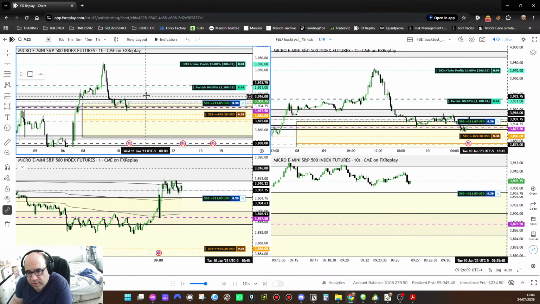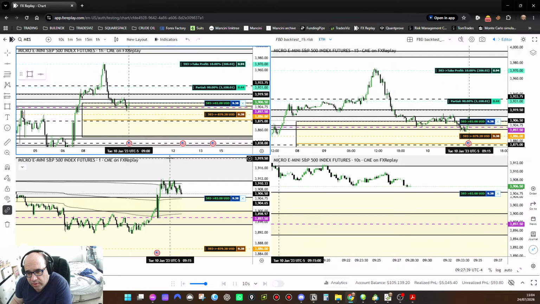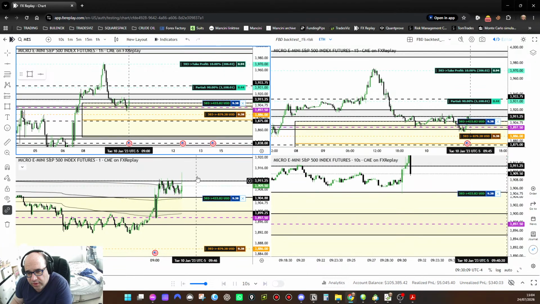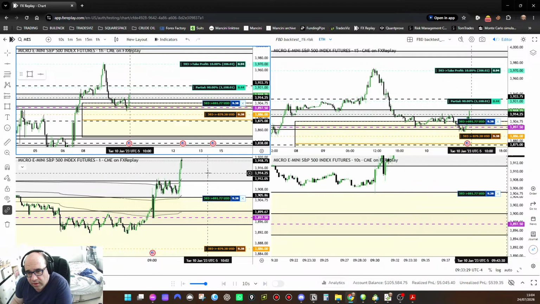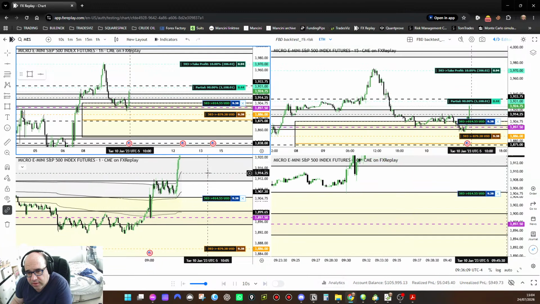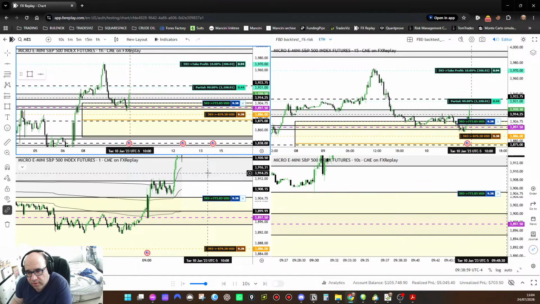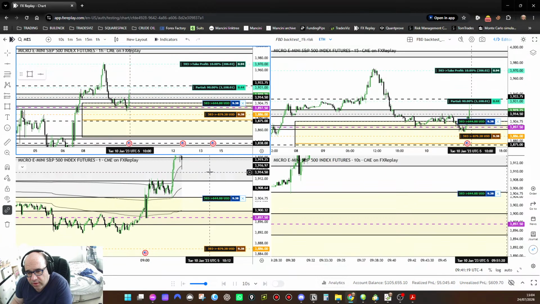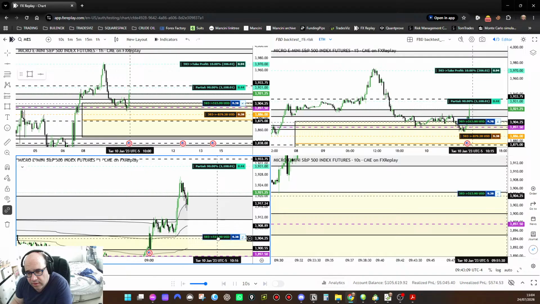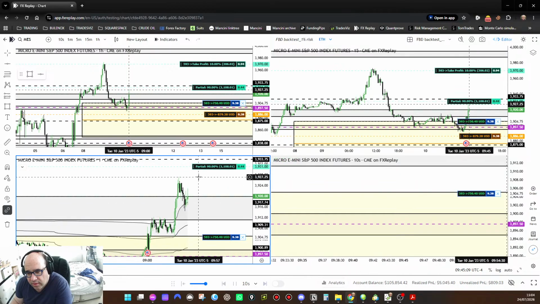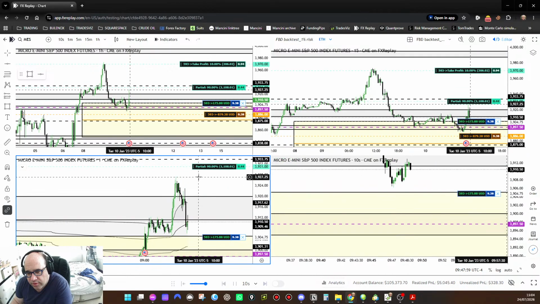So there's this zone that we need to break, but the RR was very terrible there, so that's why I didn't want to take such a short profit. So we got very close to taking our first partial there, by 4 points, 3 points.